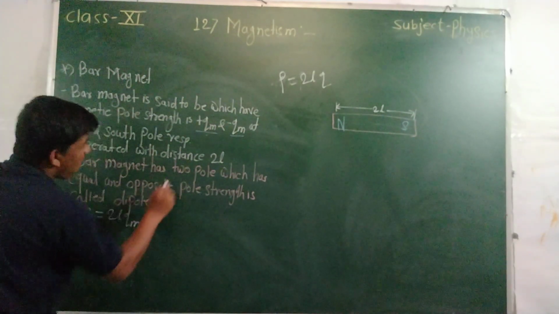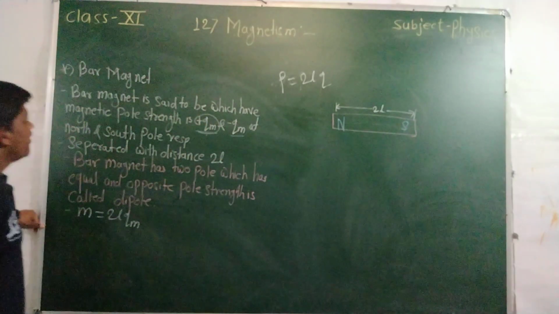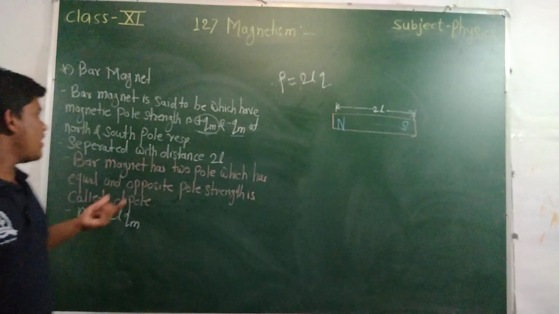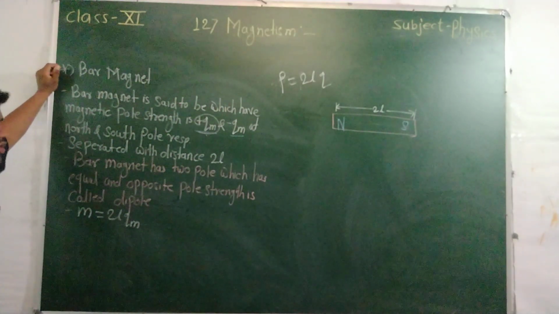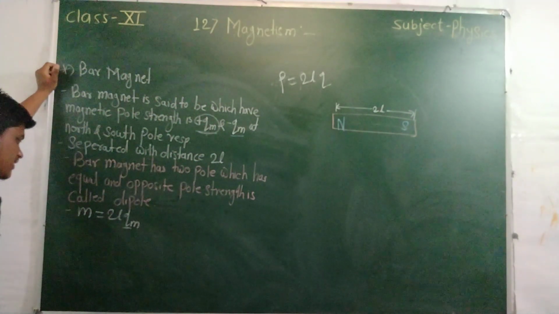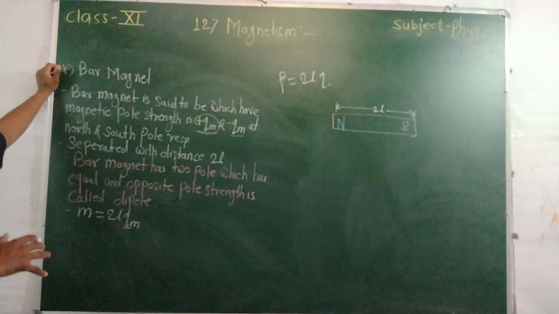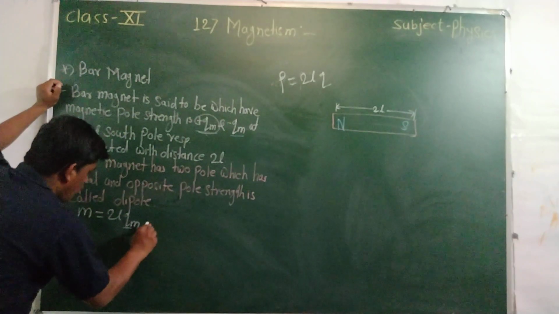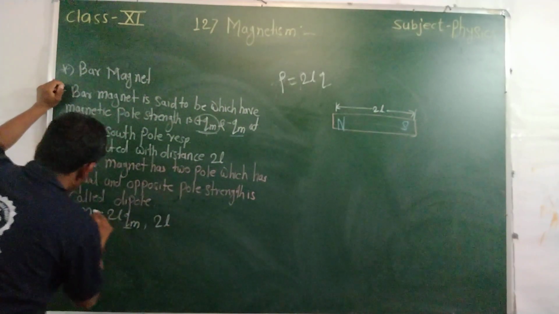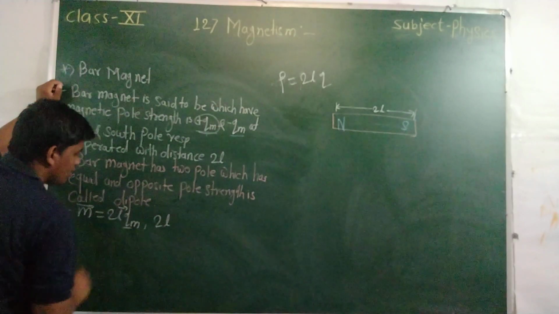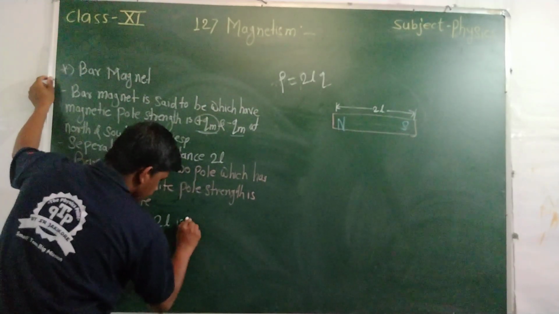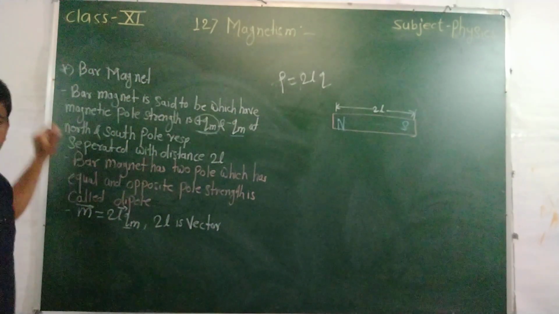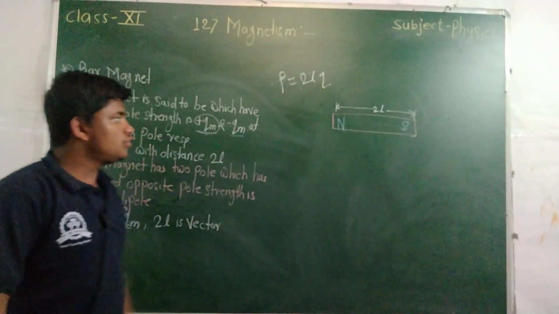The magnetic poles are plus Qm and minus Qm, the south and north pole strengths, and this gives the magnetic dipole moment. Then 2L is also a vector. We measure 2L from south to north.